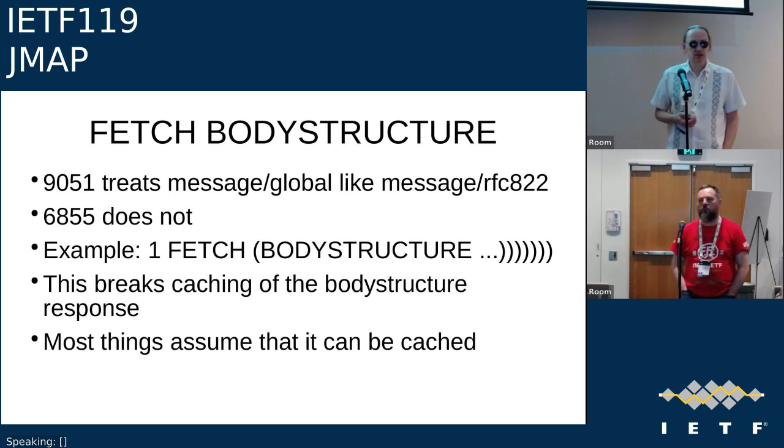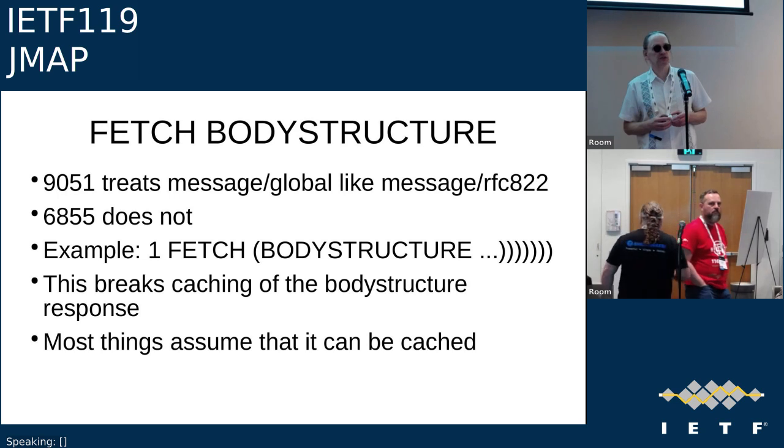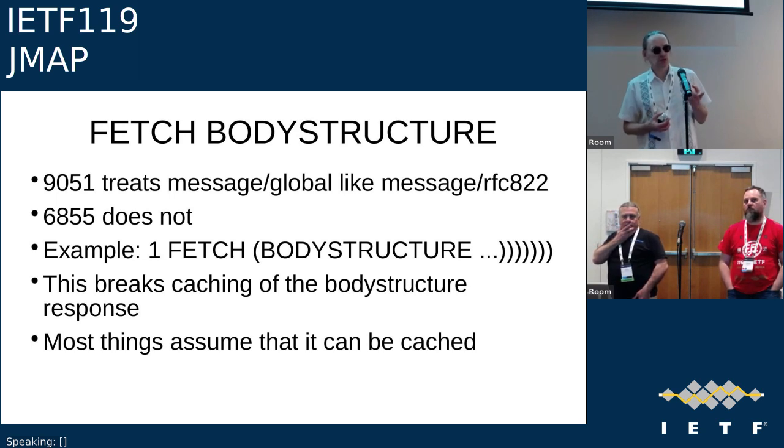Yeah. This is a problem for messages that comply with RFC 6533. In Alexei's implementation, RFC 6533 message global is treated like message RFC 822. 6855 should have done that, I think. I think it's a simple omission, but it's not.